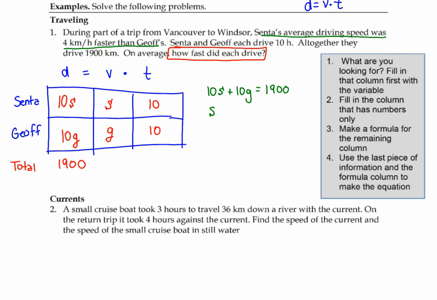So Senta equals, if Senta's faster, Senta's was the same thing as is. So Senta equals, if you're 4 faster, are you 4 times faster or are you just 4 more? 4 more. So it would be G plus 4 would be our two equations.